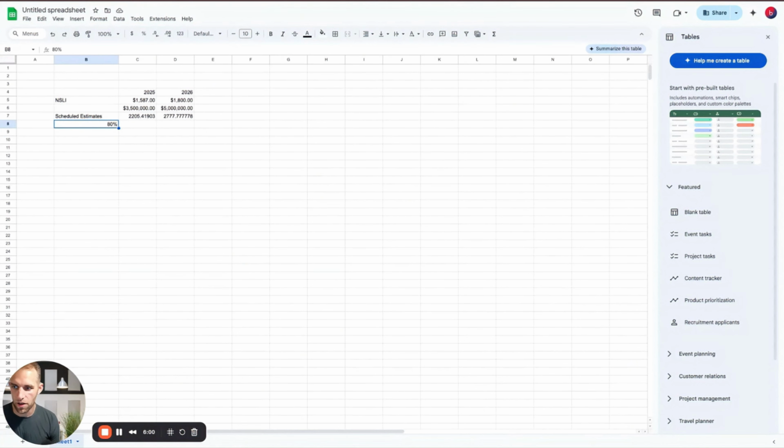So if we say our conversion rate is 80%, then the number of MQLs, as I call it, marketing qualified leads, would be the 2205 divided by the 80%, which I didn't put there. So 0.8. That means I need 2,756 MQLs to hit that.